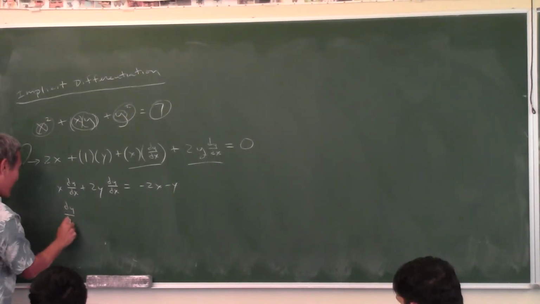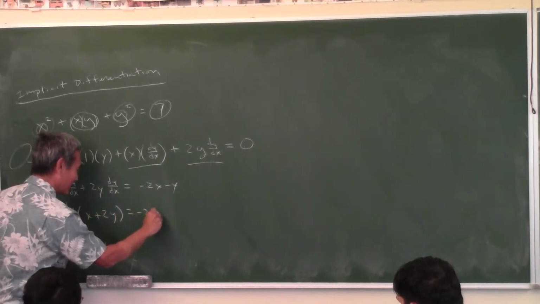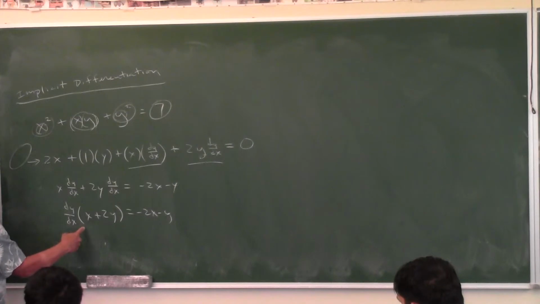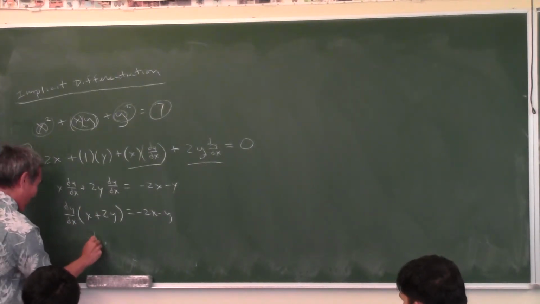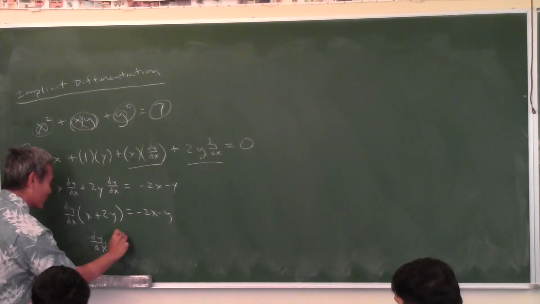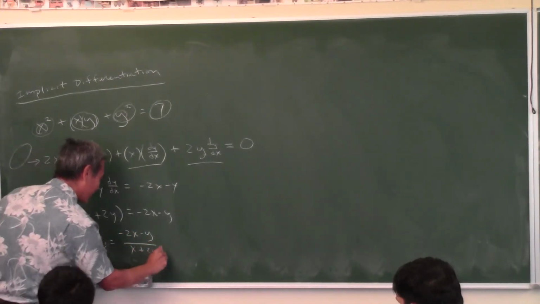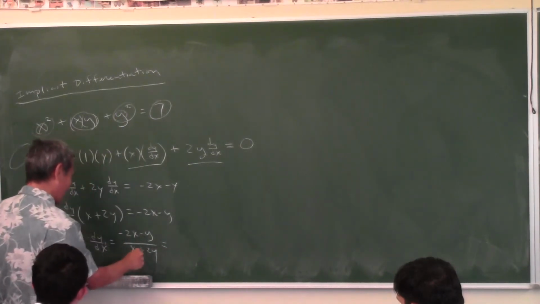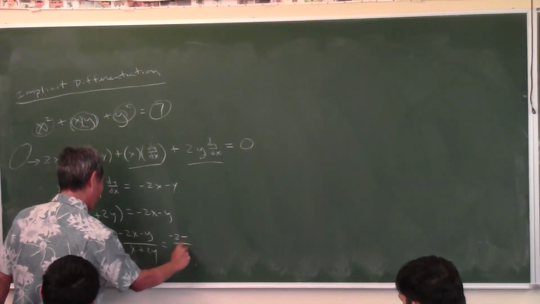Factor out the dy/dx. It's just a technique, people. Don't be scared. And then finally, divide. So dy/dx is equal to negative 2x minus y all over x plus 2y.